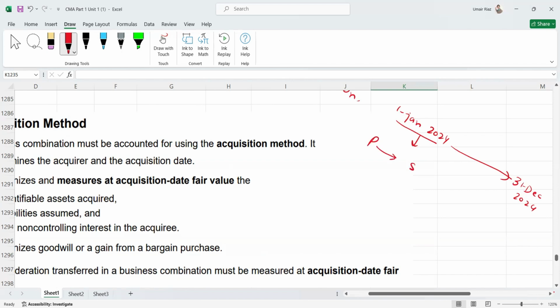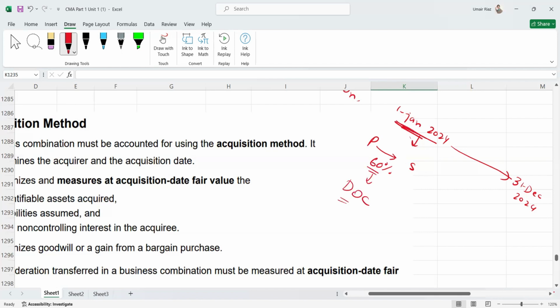So we have a parent and a subsidiary, and at this date a business combination happened, a financial transaction in which the parent acquires a voting interest in the subsidiary, right? Now, please remember, at this date the parent acquires, let's assume, 60% of the voting rights of the subsidiary. So this is called the date of control, the date at which control is achieved.